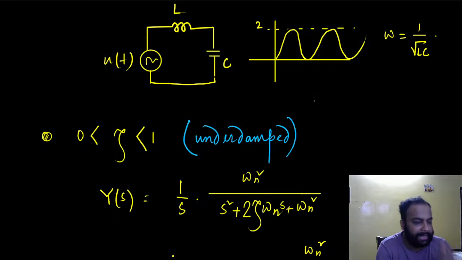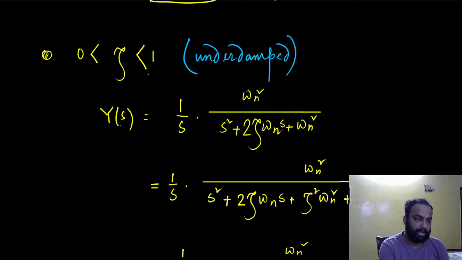The system is underdamped when the damping ratio zeta is strictly between 0 and 1. I am going to talk about electrical circuits and mechanical systems in terms of the things we develop out of these in the next few classes.